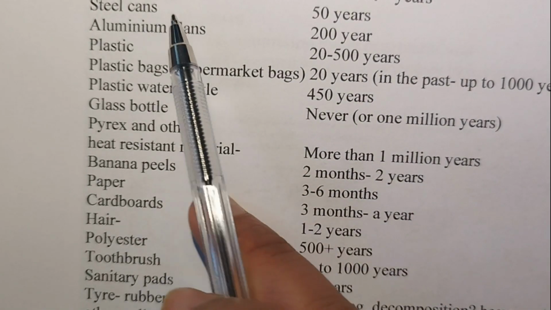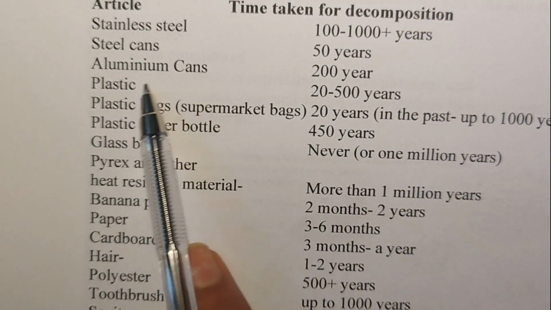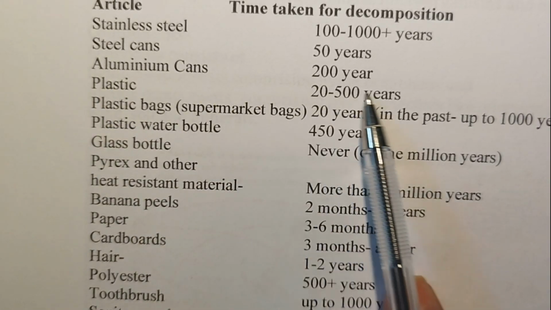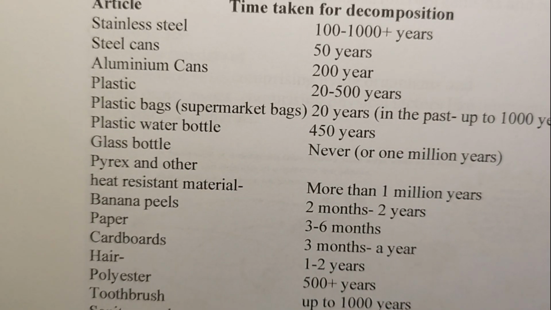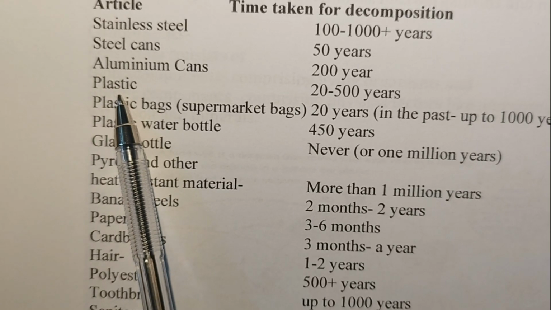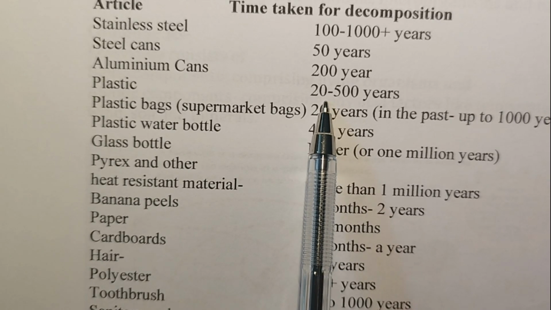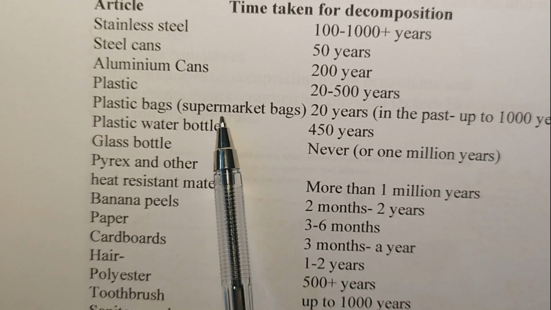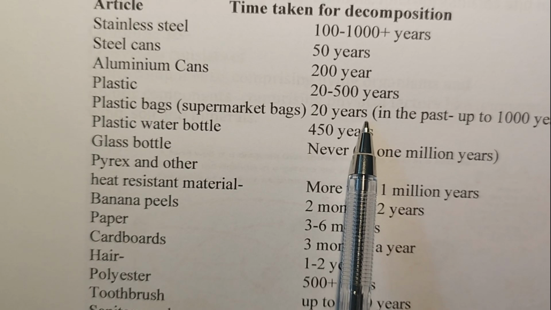So it starts with stainless steel and steel cans, aluminum cans, plastics. Mind you, for plastic there is differing information on various websites. I've taken this from recycling related websites in the United Kingdom, where I live. So plastic usually can last in the environment for about 20 to 500 years, but plastic bags that are currently used in supermarkets can last up to 20 years.